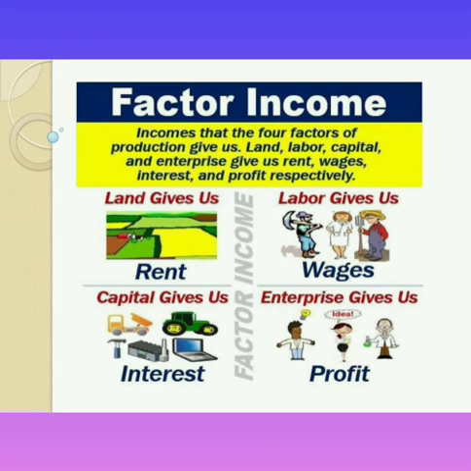And the reward for an entrepreneur or an enterprise is known as profit. So in economics, all income has 4 categories: rent for land, wages for labor, interest for capital, and profit for entrepreneurs.